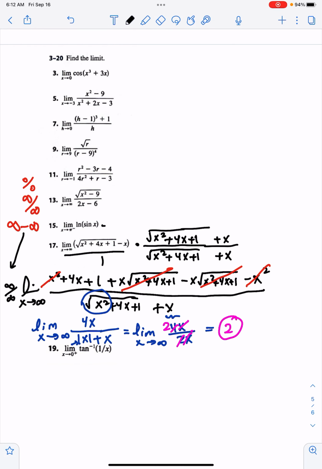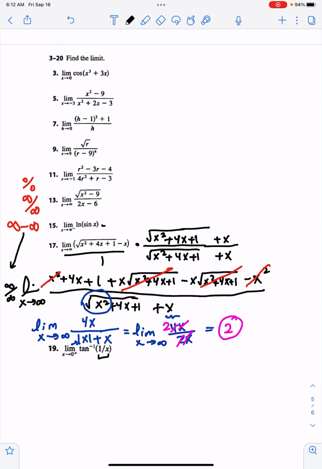And the last one of this set, you have limit as x goes to 0 of tan inverse of 1 over x. So you would have 1 over 0, so now you need to think if it's positive infinity or negative infinity.